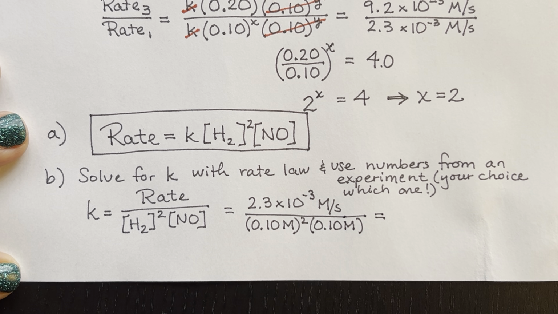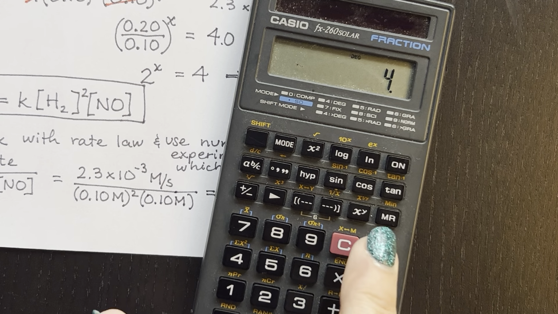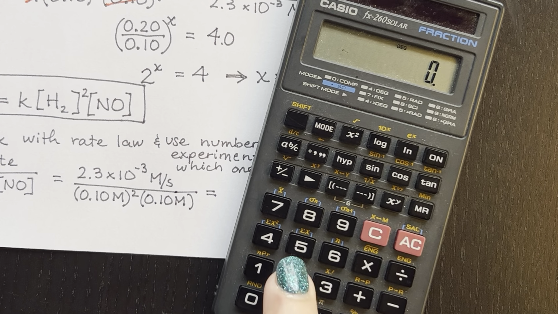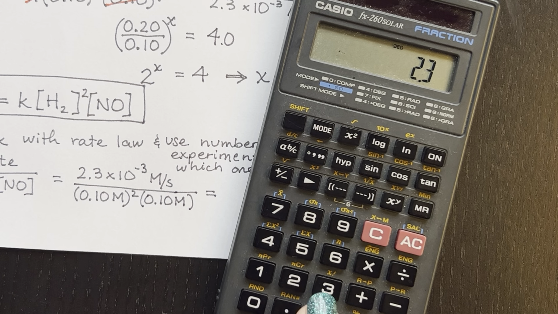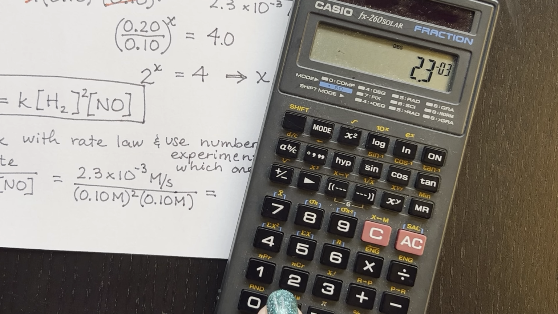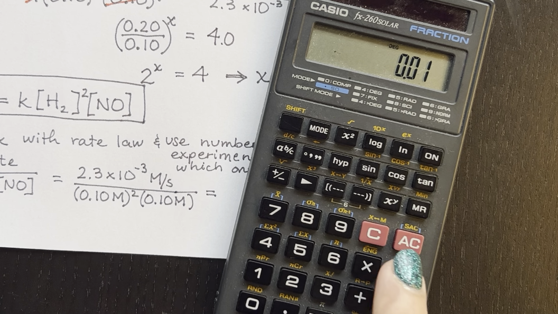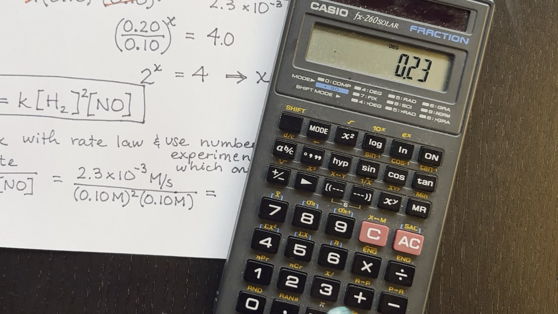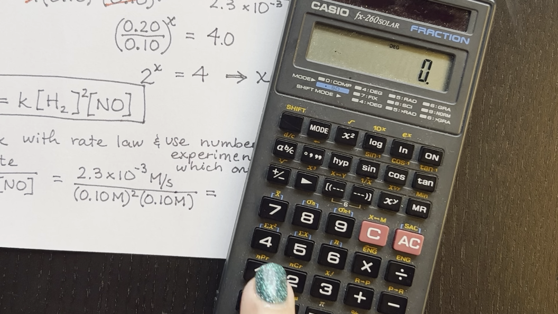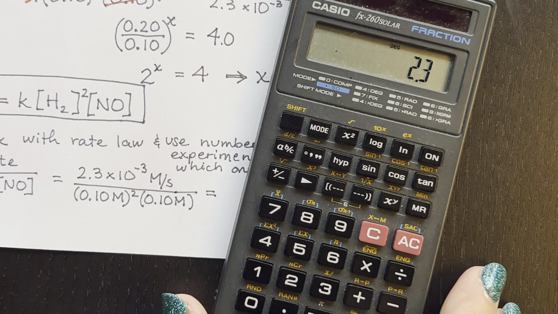Let's see what we get in terms of a value, and then we will figure out the units. 2.3 times 10 to the minus 3 divided by 0.1, and then divided by 0.1. That gives us 2.3.